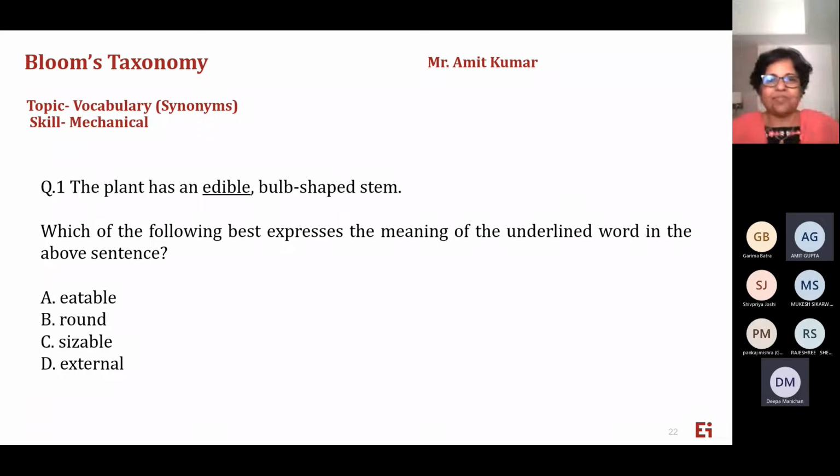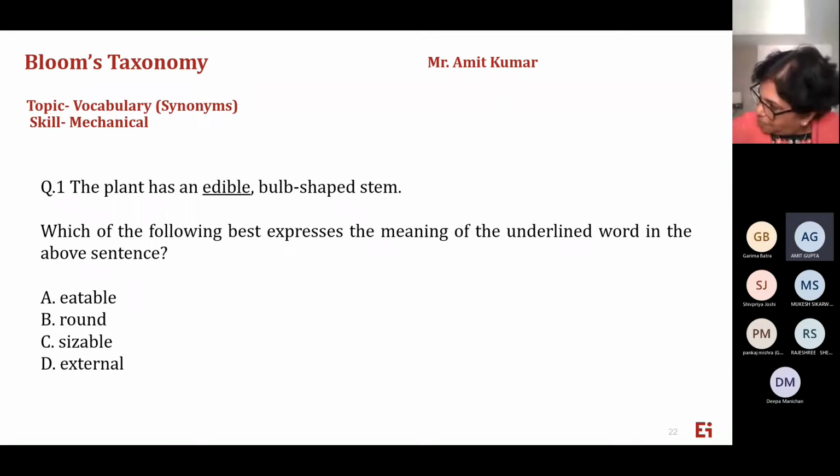I do understand. There are other workshops also going on, and probably they are participating in the workshop. That is why this background noise is coming. You can carry on, Amit sir. We can hear you. If something is not clear, we'll ask you to repeat. Okay, thank you very much.